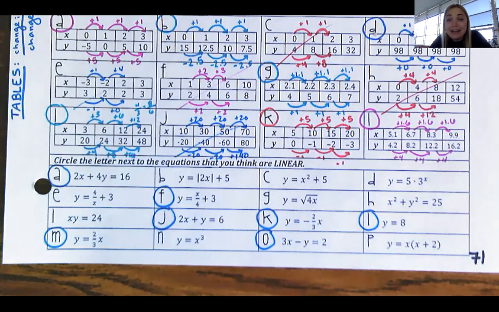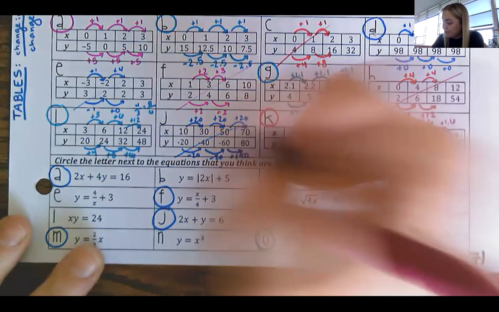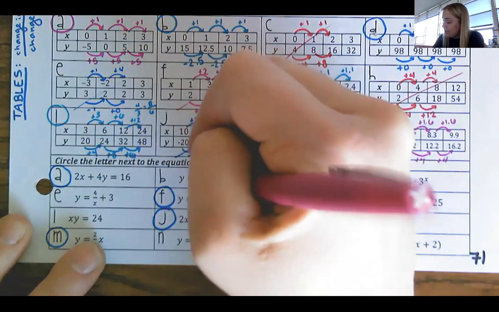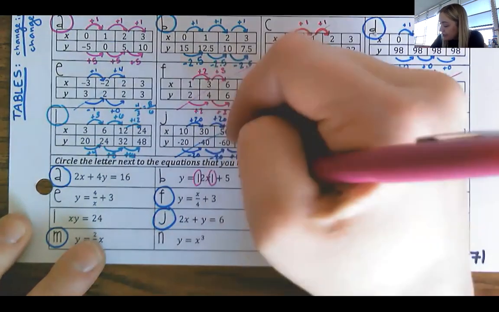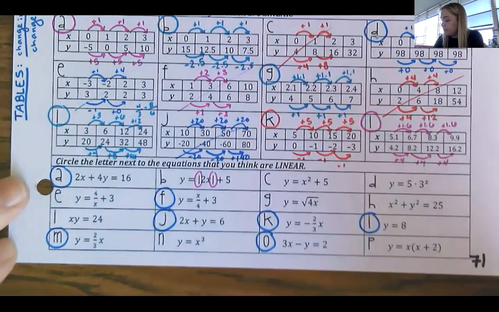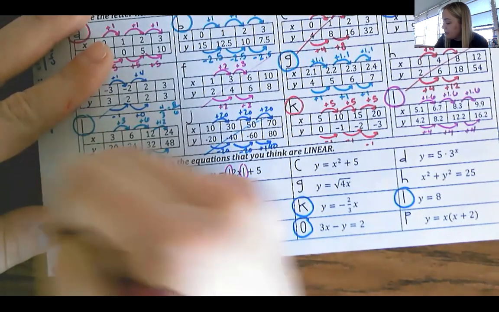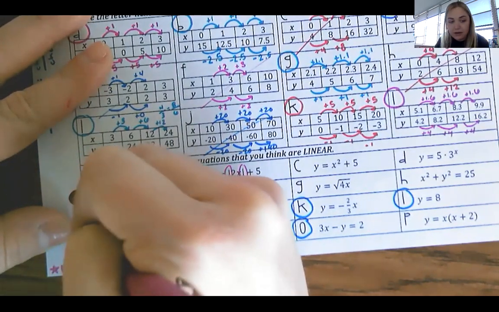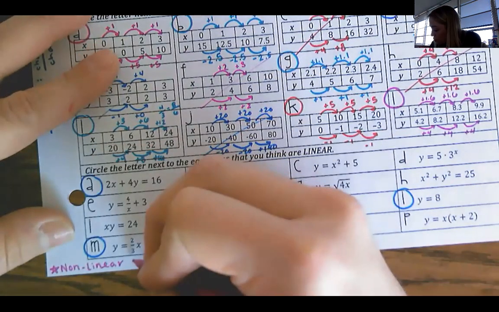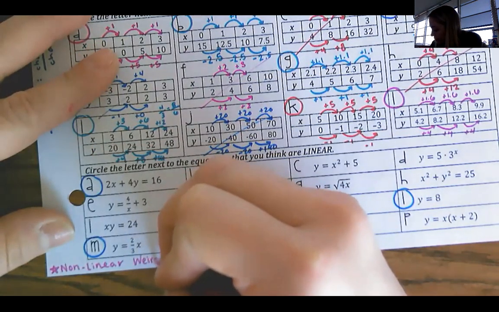So which ones made it not linear? Well, let's check out some of the weird things that happened on the nonlinears. So one of the weird things happens on B, these absolute values. So if you have absolute values, I'm going to put a little star down here and I'm going to say nonlinear weirdness.